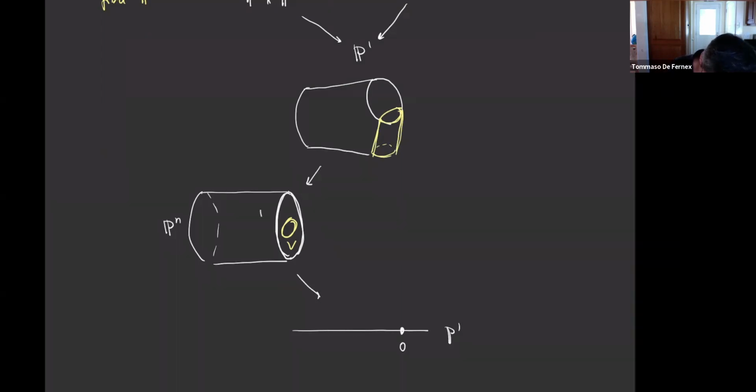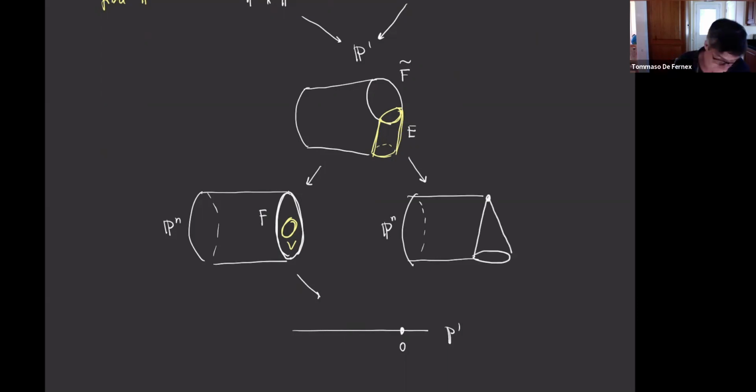So let me maybe call the fiber F. So this will be some F tilde. And maybe this is the section divisor. Okay. And now we're going to contract F tilde to a point. So what happened now? So outside, I still have this nice family of projective spaces. But when I go to the central fiber, I end up with a cone.